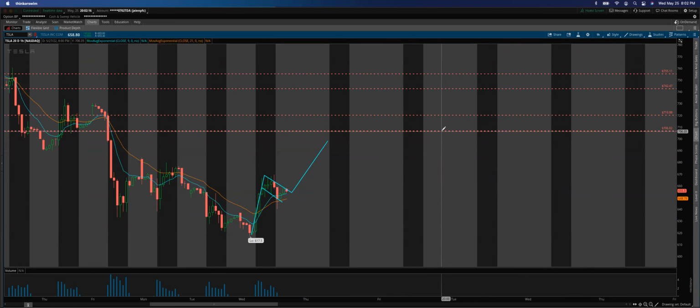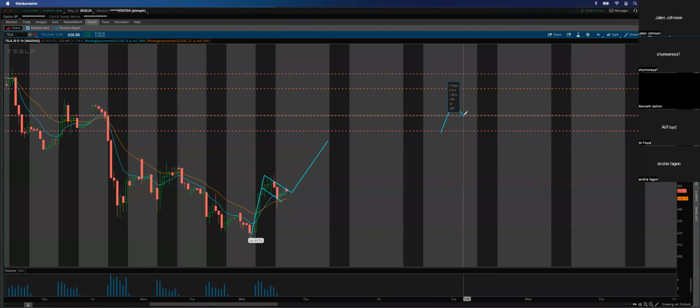So if we have a move here, we're going to go over this eventually, but you never buy the impulsive move. You always buy the correction.